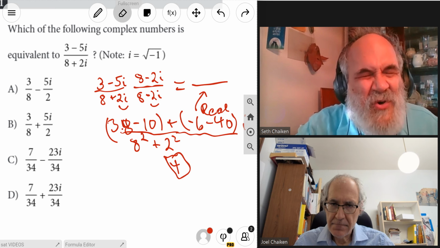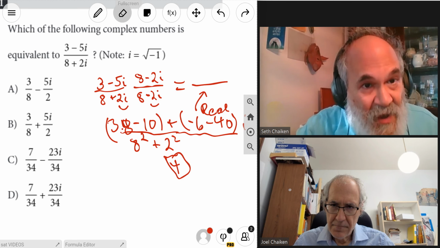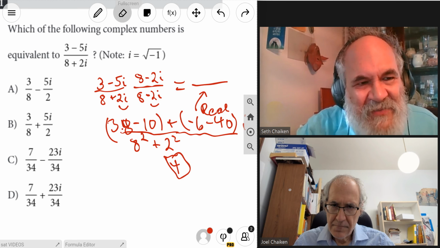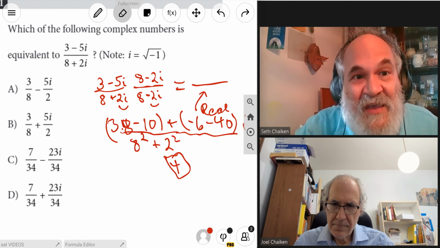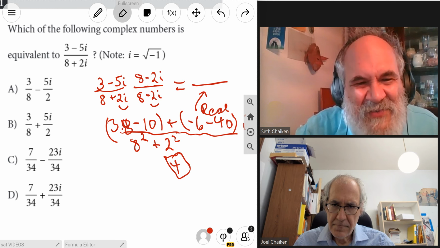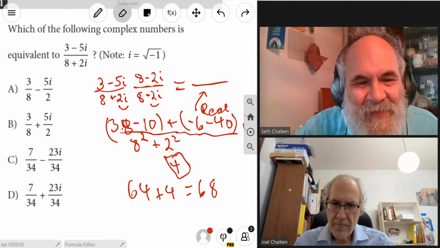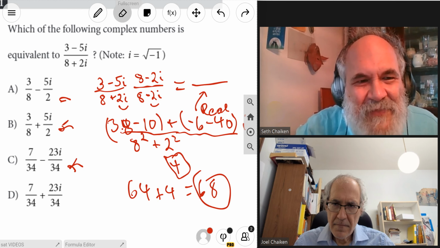Now, which of the choices might it be? Well, there's C and D where the denominator is pretty big. 8 squared plus 2 squared is 64 plus 4, which is 68. So 68 somehow relates to the denominators.